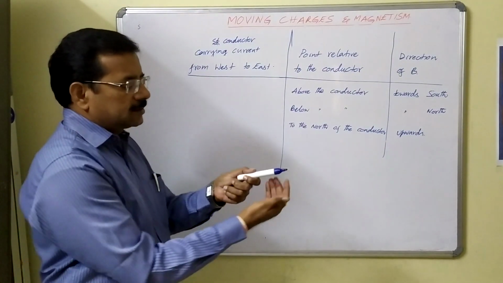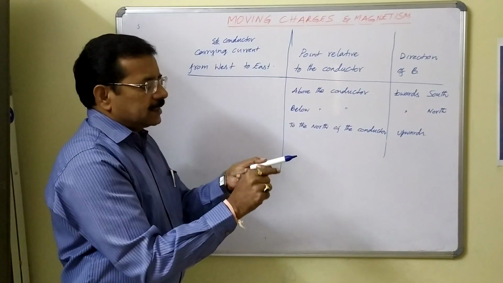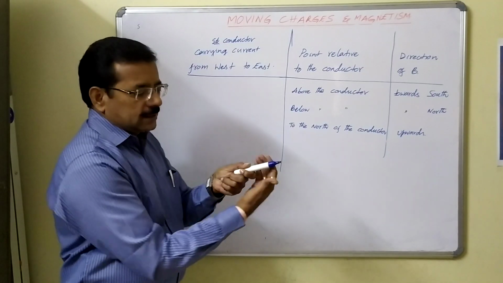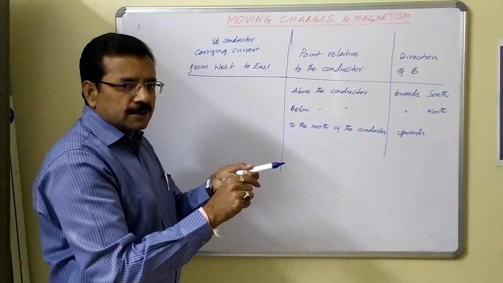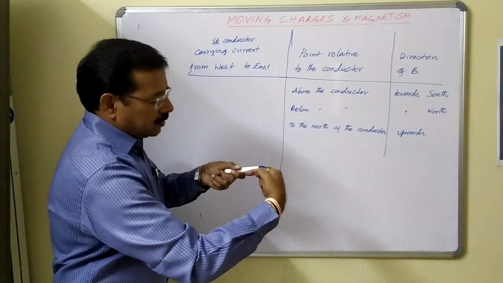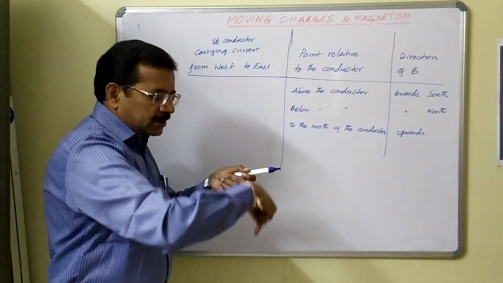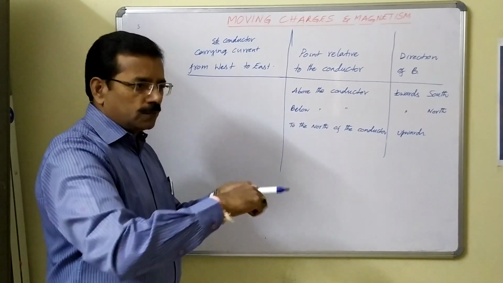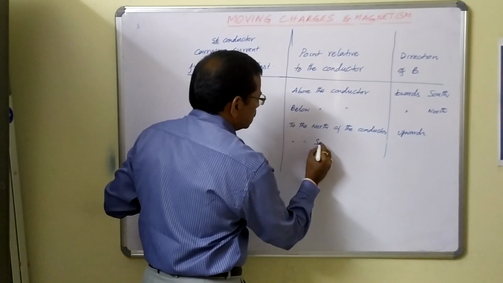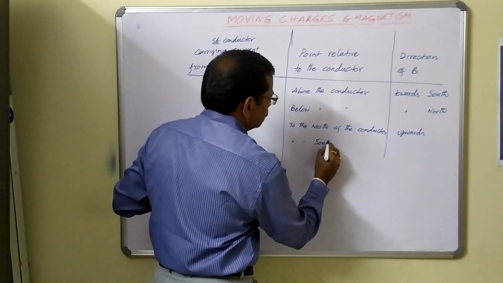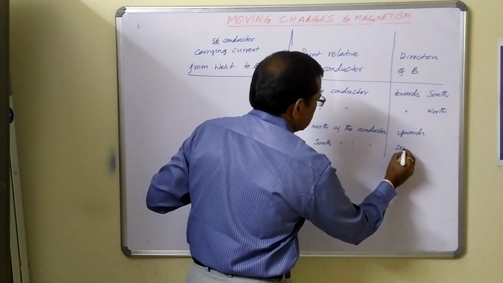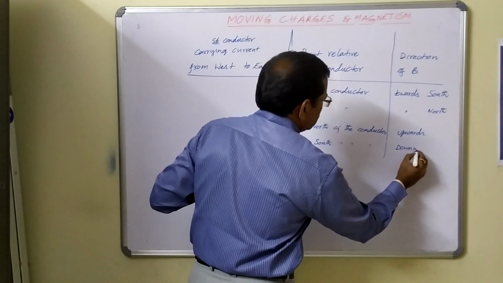Now you can easily answer this question. What is the direction of magnetic field induction at a point to the south of the conductor? Here, at this point, the field lines curve like this. If you draw a tangent, it is vertically downwards. At a point to the south of the conductor, the direction of magnetic field induction is downwards.